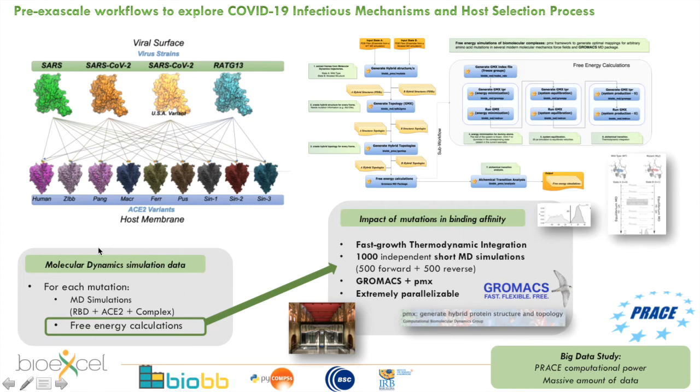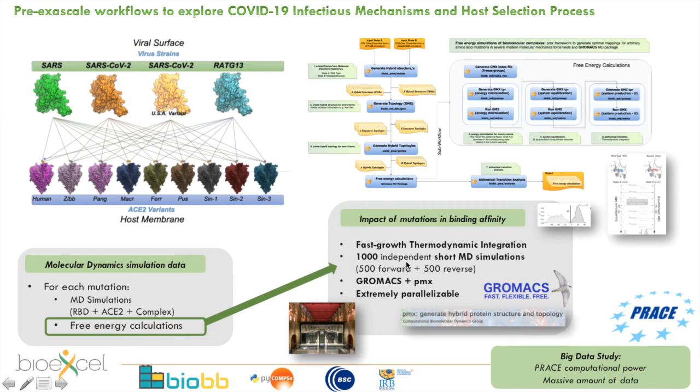The first one is, let's say, the easy one, molecular dynamic simulation data for each of the mutations. So we model the mutations and we run the simulations for the RBD system, for the ACE2 system, and for the complex. And using these simulations as an input, then we run the free energy calculation using another pre-exascale workflow, which is this one that you can see here, which contains the fast growth thermodynamic integration.